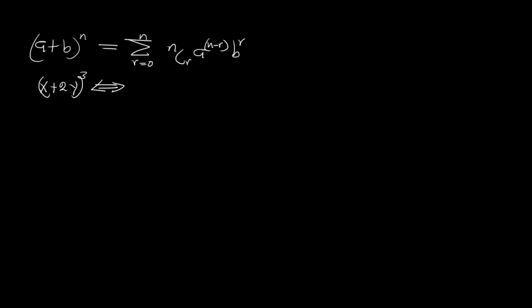If we compare this polynomial to the formula a + b, then it implies a equals x, b equals 2y, n equals 3, and r will run from 0, 1, 2 to 3.